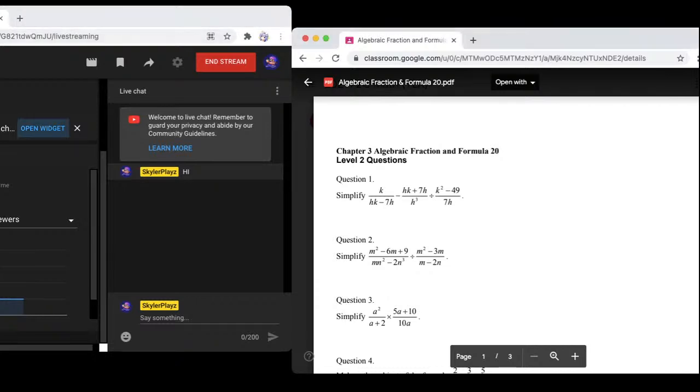Okay. m squared minus 6m plus 9 divided by mn squared minus 2n squared, divided by m squared minus 3m n minus 2n. Then we can apply the perfect square identity. m minus 3 is a perfect square, and then factor out the n squared, and we get m minus 2n.